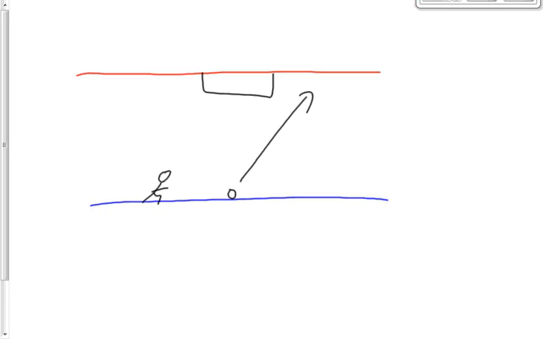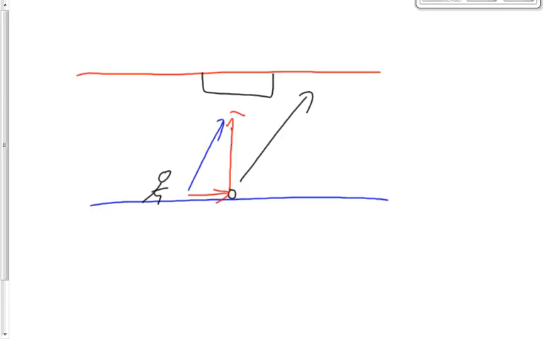Good. If the player is at rest when he shoots it and fires it straight this way, aims straight this way, then it's going to go straight that way, right? But if he's got a velocity to the right as he shoots it, and he aims this way, then the net velocity, or the resultant velocity, like a problem from last unit, is going to end up being this way.